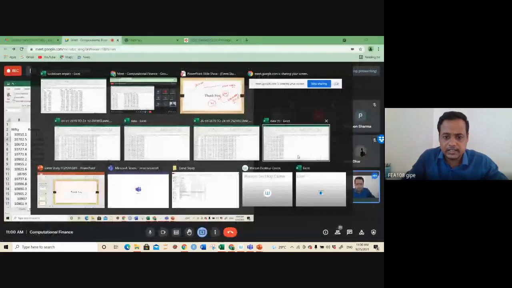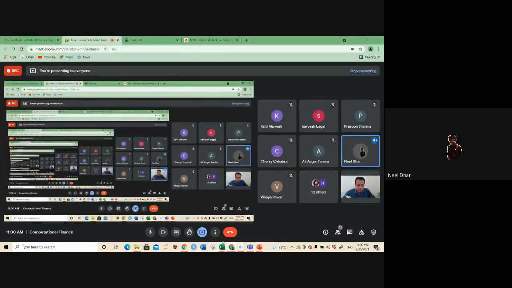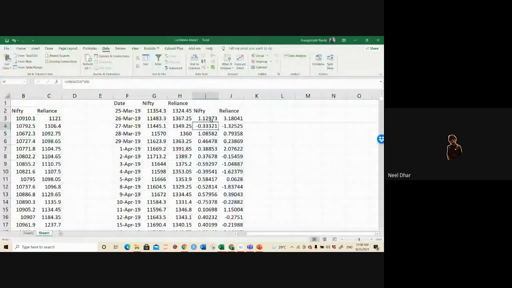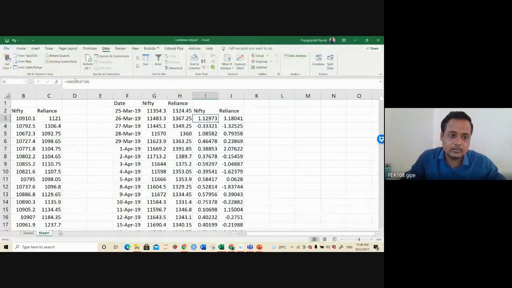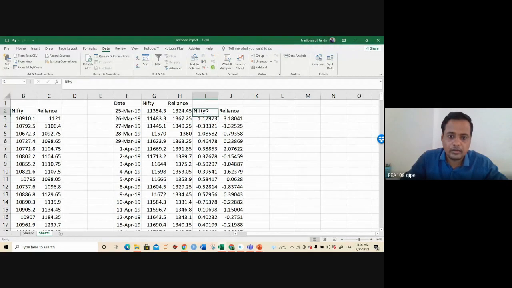So a slight difference, that's why your coefficients are different. What have you used? It's ln Pt divided by Pt minus 1 multiplied by 100. Yes, sir. Same thing, sir. I have used ln B3 divided by B2 times 100. Then that is correct only.